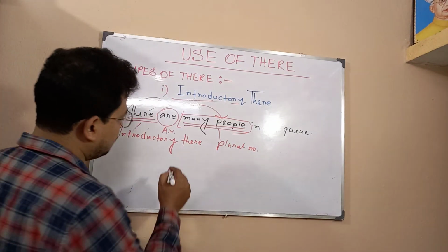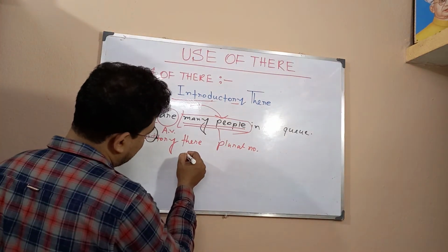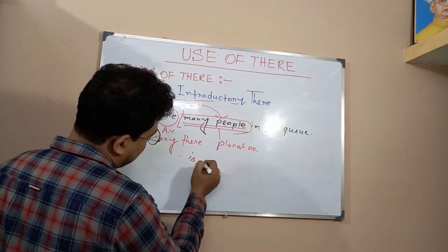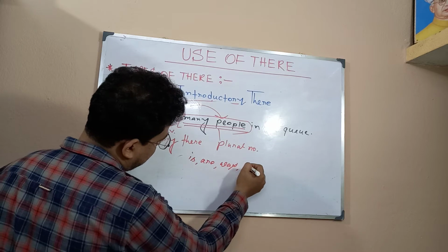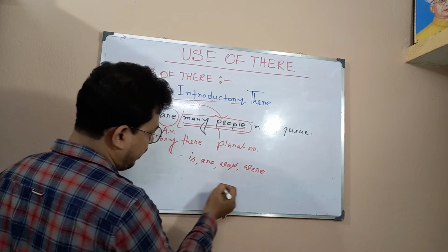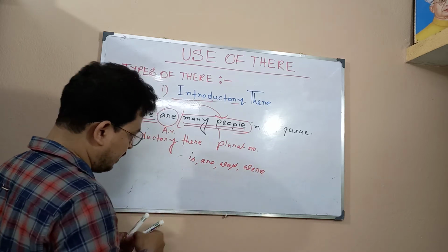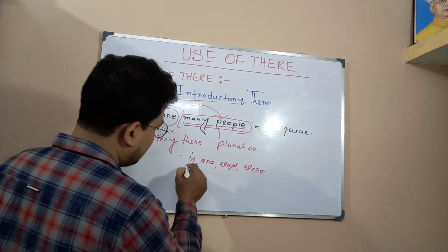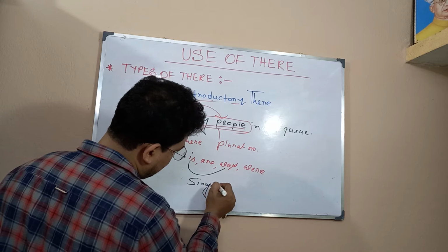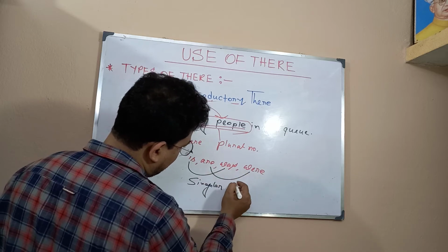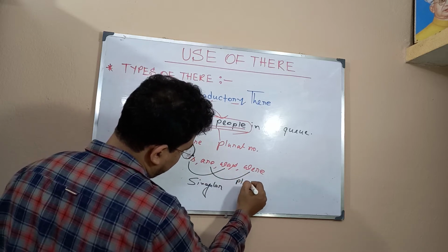Such auxiliary verbs are is, are, was, were. You know very well, is and was are singular, and are and were are plural.